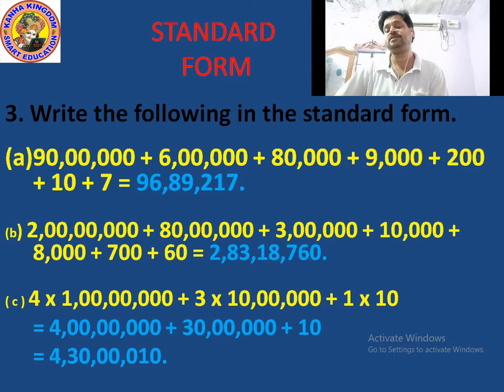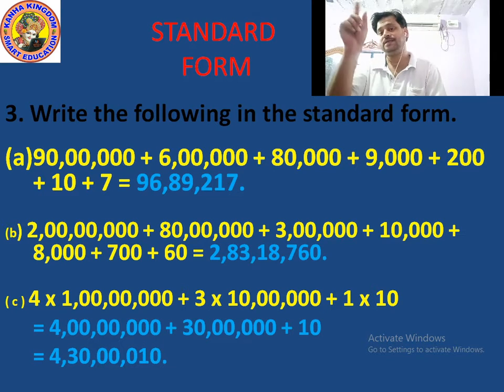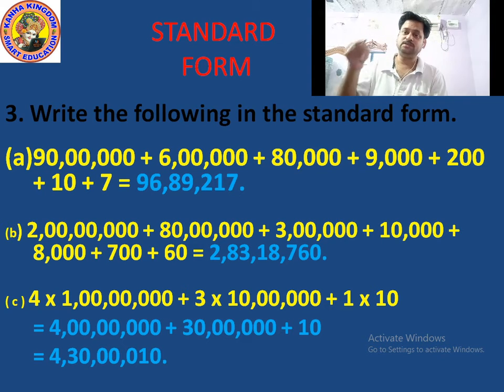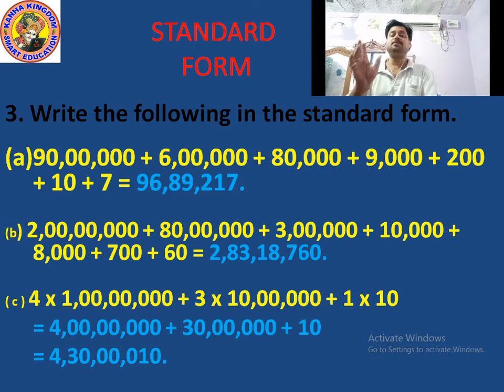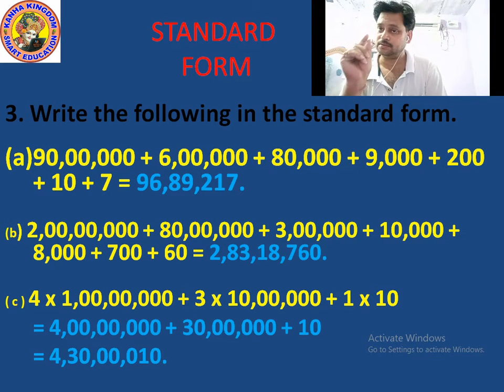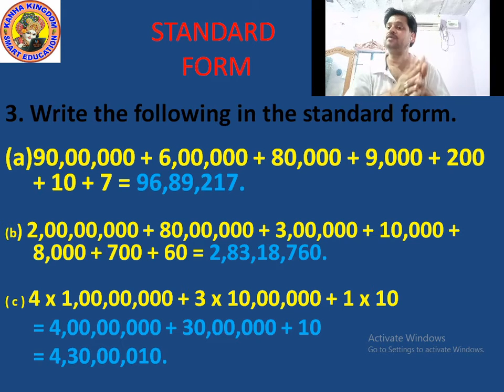Now the next number is 10,000. So in this number how many commas? 1 comma, and after 1 comma how many digits? 2 digits.